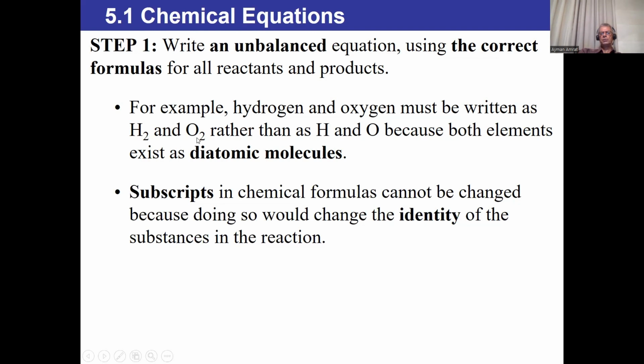If you change O2 to O3, O2 is oxygen and O3 is ozone; ozone and oxygen are two different substances. So you can change the coefficients, but you cannot change the subscripts.